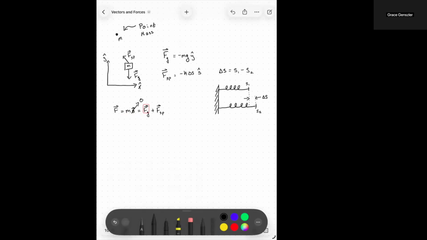I'm at rest, which means I'm not accelerating, so the force balance is 0 equals force gravity plus force spring. After some algebraic manipulation, we get 0 equals negative mg plus k delta s. We can then further rearrange it and get mg equals negative k delta s.